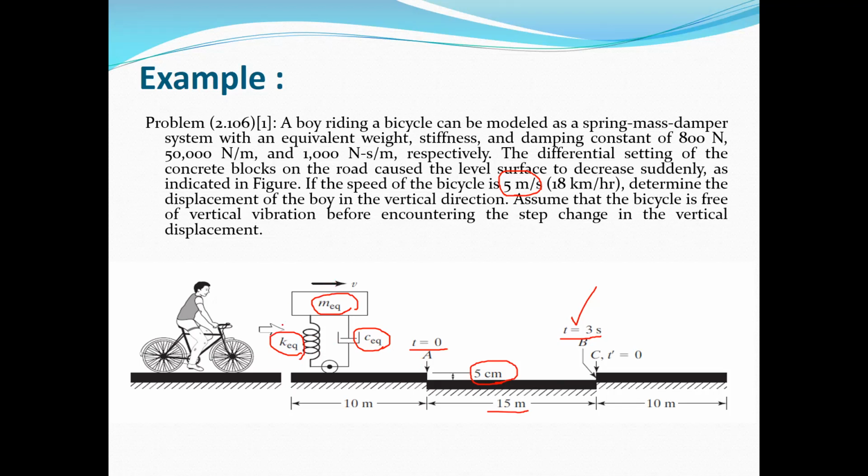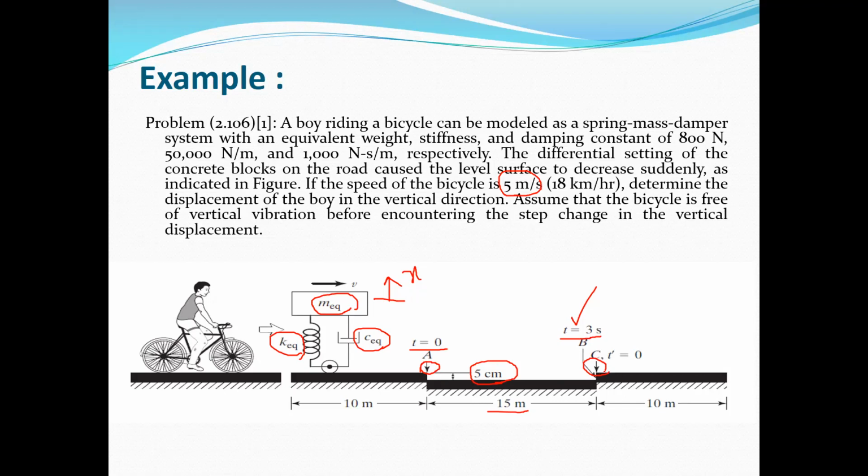If you extract the governing equation for this system, if, for example, we assume that this is the direction of x, the equation of this system is m equivalent x double dot plus c equivalent times x dot plus k equivalent times x equals 0. At point A, we will have some initial condition, and again at point C, we will have a new initial condition.